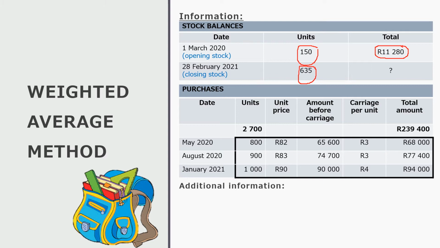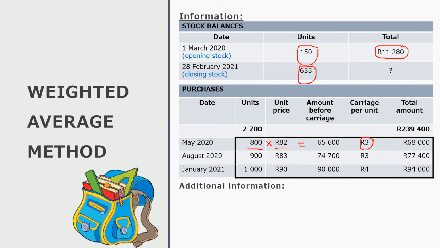Okay, so in May 2020 we purchased 800 units at a price of 82. Now the amount before carriage is this 800 multiplied by the 82 Rand that we paid per unit, and that is going to give us the amount before carriage. But we also have to pay the carriage. According to this periodic inventory system, the carriage is added to the unit price to calculate the total value of the stock.